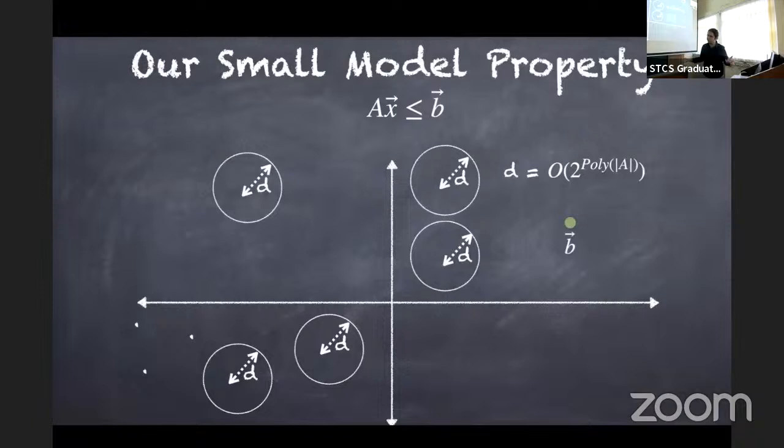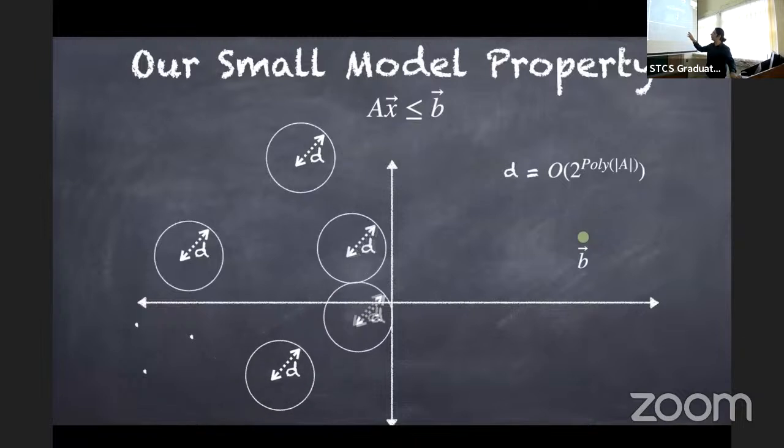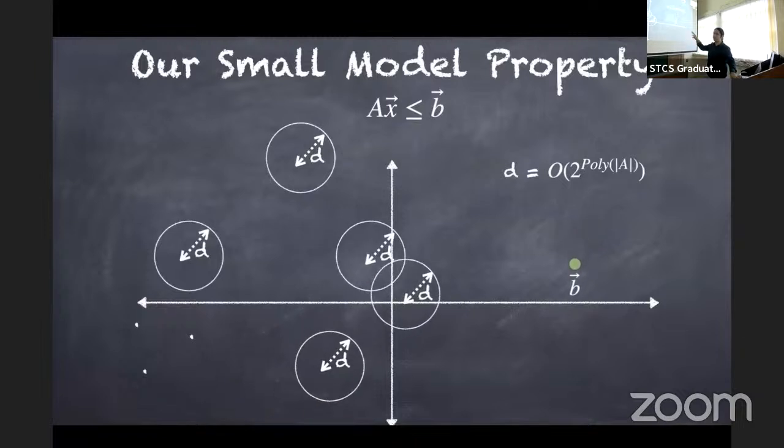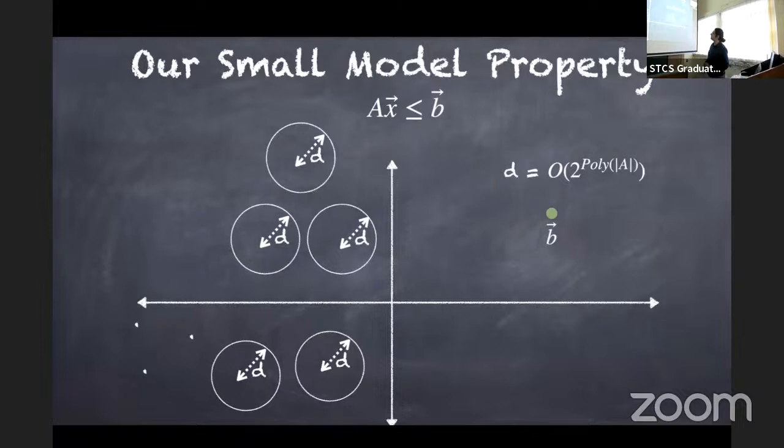They won't expand, and their number won't change. Their size won't change, they will just move around. So the region within which you want to search for a small model doesn't change. Its size doesn't change, its representation doesn't change.